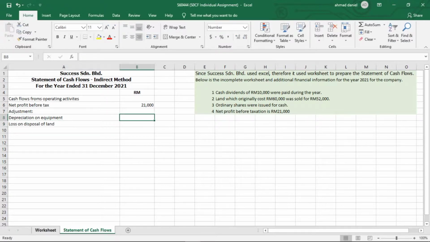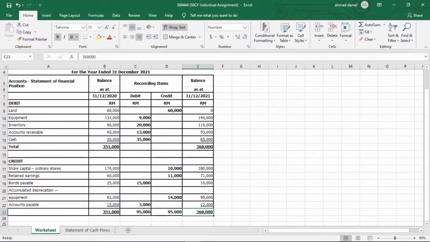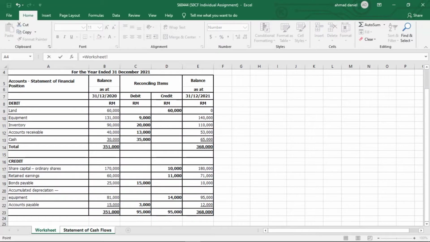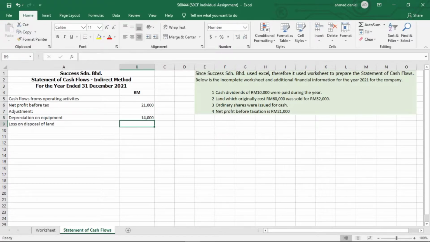Depreciation of equipment is on credit. We just take from the reconciling item. Loss on disposal, then we will minus this, 60,000 minus 52,000.